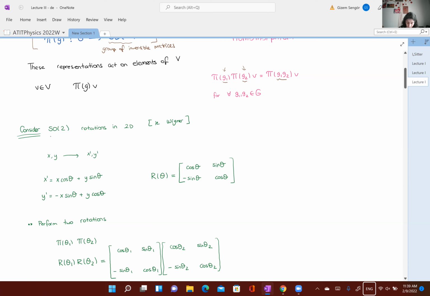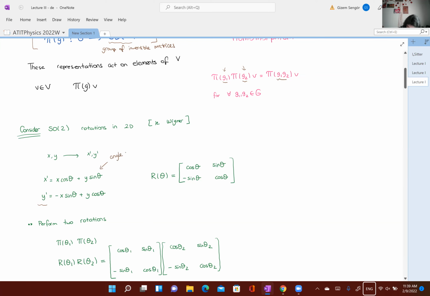Well, let's just talk about rotations in 2 dimensions. Now we know if we rotate x and y coordinates by some angle theta around an axis perpendicular to them, this is how the new coordinates, x prime, y prime, look in terms of the old coordinates and the angle of rotation.